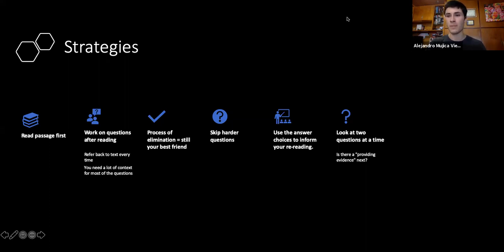Okay. And then this is something that's more of a trick than a strategy, but I would still encourage you to do it with every single question. Look at 2 questions at a time, because in the reading passages, there's the providing evidence type of question where you have to go to lines 10 to 20, lines 12 to 15. That's like a compound question.